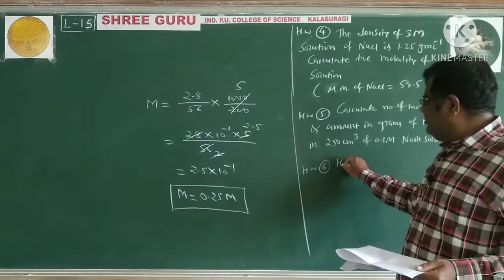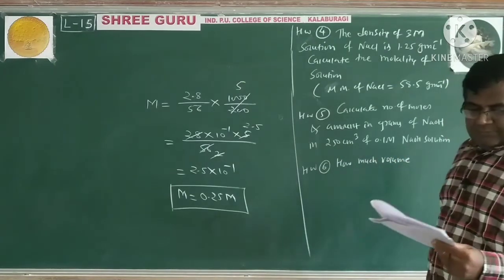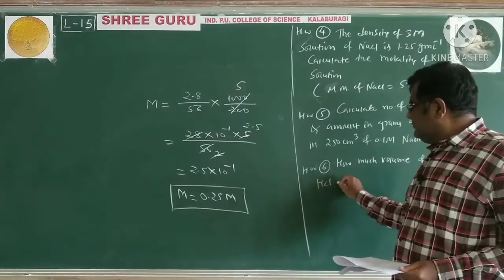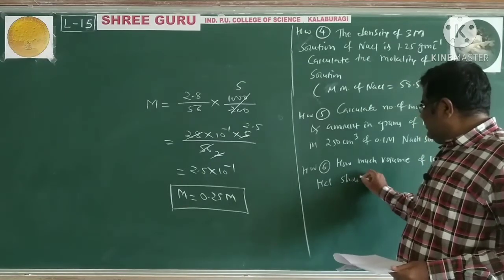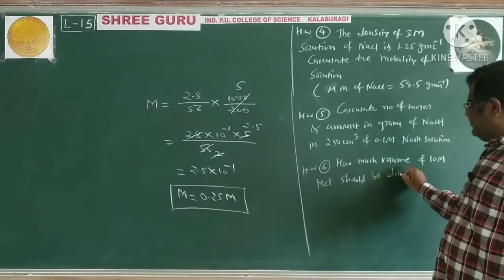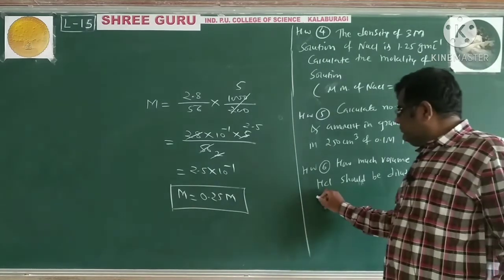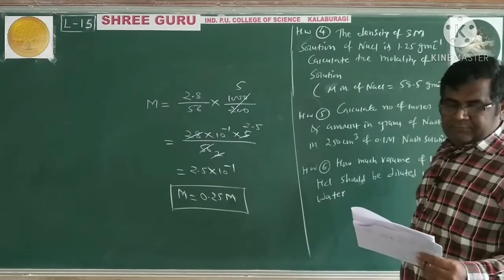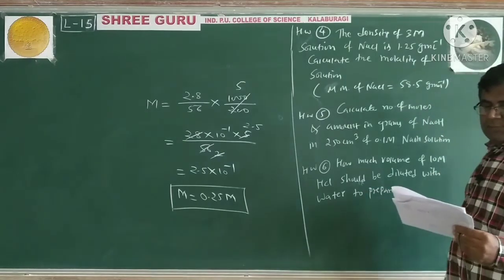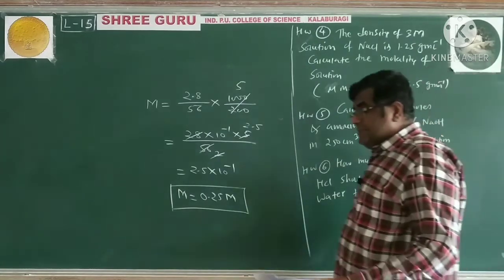How much volume of 10 molar HCl should be diluted with water to prepare 2 liter of 5 molar HCl.